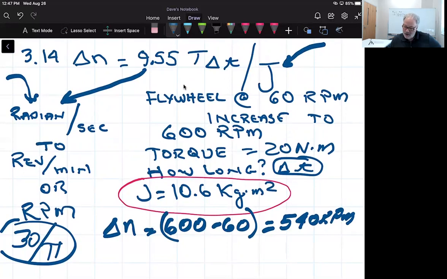In this particular problem, we're given delta N. What we're trying to determine is delta T. It's a little bit of a different calculation, and we'll get there by doing a little algebra and solving equation 3.14 for delta T.